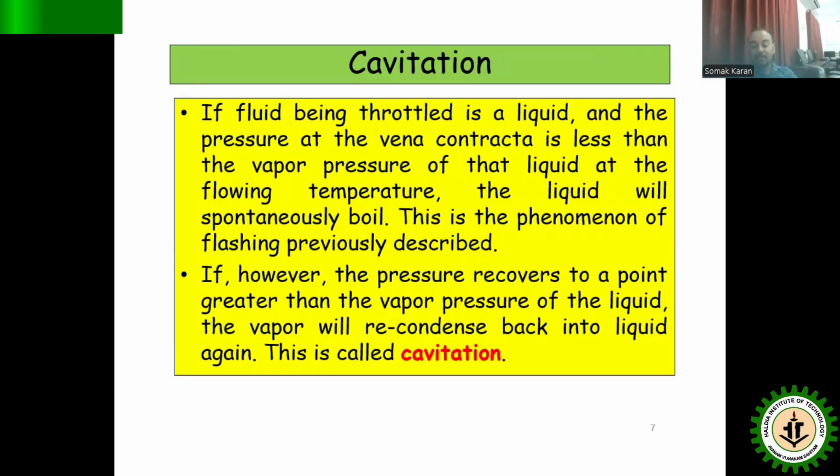Whenever the area is larger, obviously the pressure will be higher and the velocity lower. Whenever the pressure is higher than the vapor pressure of that liquid, the bubbles will try to recondense, and the liquid will again form its own phase. So if the pressure recovers to a point greater than the vapor pressure of the liquid, the vapor will recondense back into the liquid, and this recondensing of the vapor back to liquid is known as cavitation.